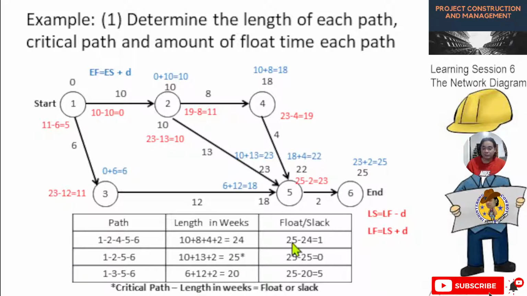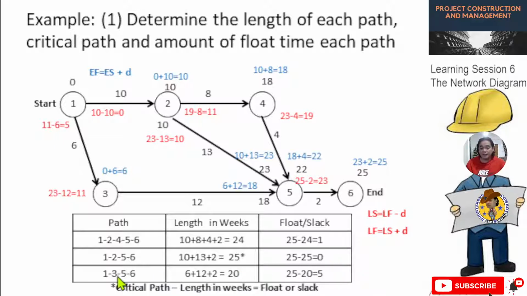For this one, 25 minus 24, we have a float or slack of 1 day. The critical path usually has 0 float or slack, so 25 minus 25 will be 0.